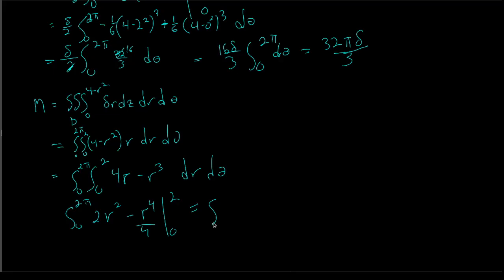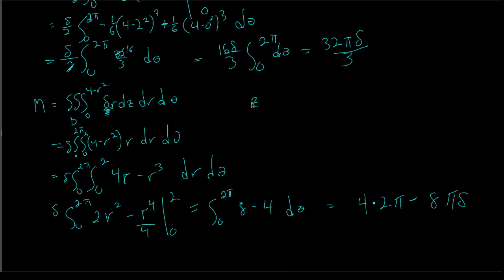So that's going to be 0 to 2 pi, evaluated, 8 minus 4 d theta, right? Which will be 4 times 2 pi, or 8 pi, and I keep forgetting the delta in there. 8 pi delta.